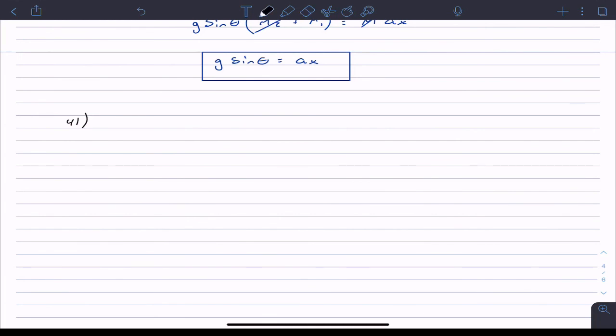It's the same problem, and you're asked to find the velocity of cart 2. So we're asked what is the net external force on the 2-cart system. It says in the problem 2-cart system. I'm assuming that they mean the same thing as they meant in part A for number 40.